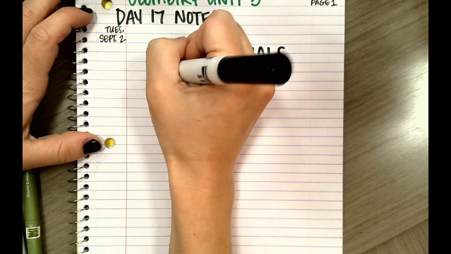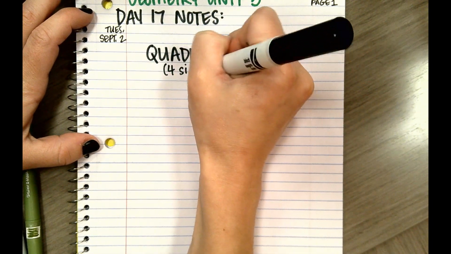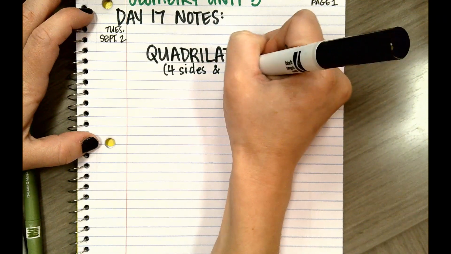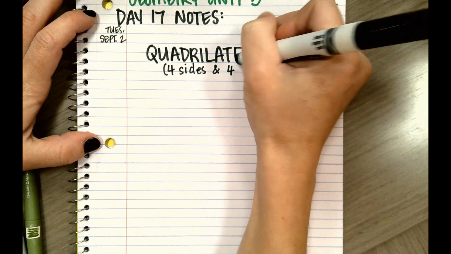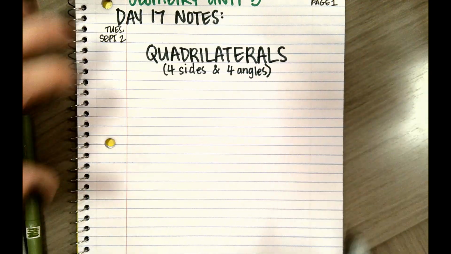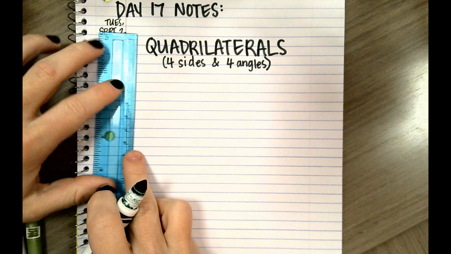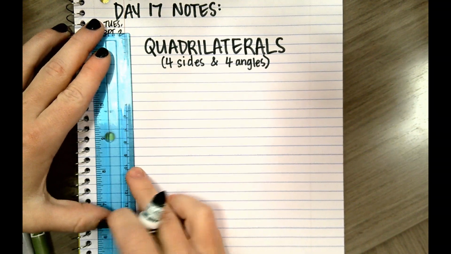Under that, in parentheses, I will just write 4 sides and 4 angles. Okay, and then I'm going to take my ruler and I am going to draw a big old box around that.